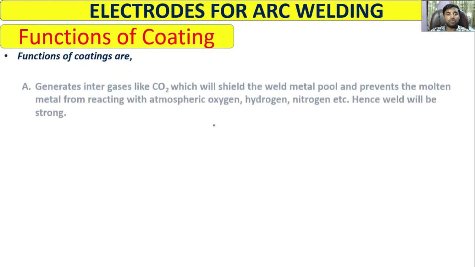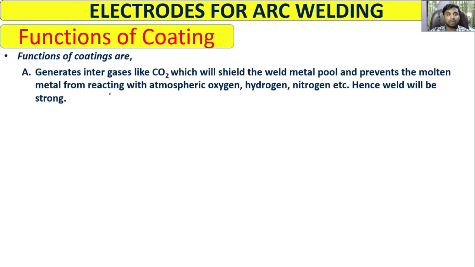Now, what is the function of coating? This is the most important part. The coating on the electrode generates inert gas like CO2, which shields the weld metal pool and prevents the molten metal from reacting with atmospheric oxygen, hydrogen and nitrogen. Hence the weld will be strong.